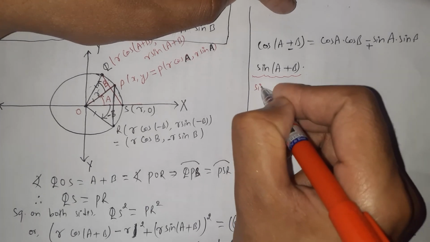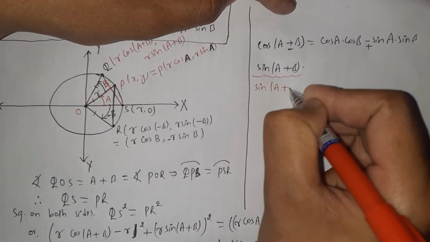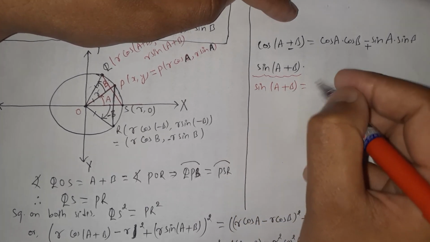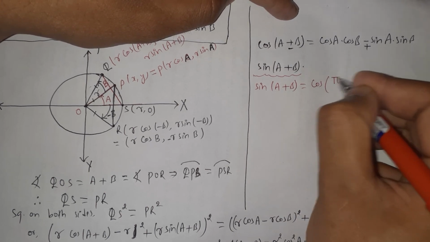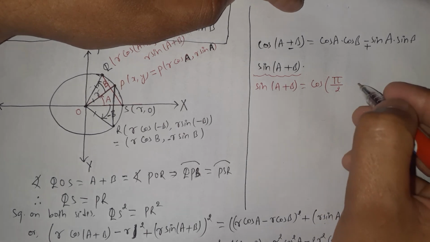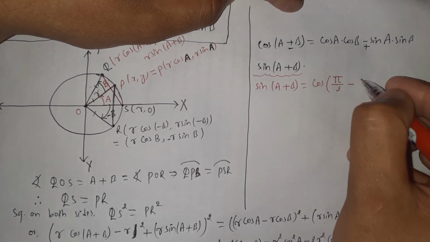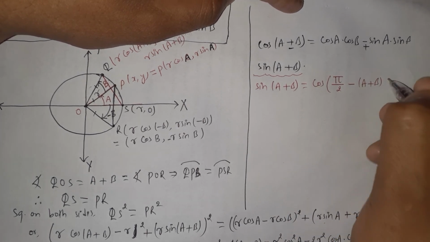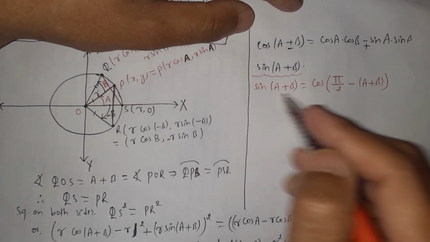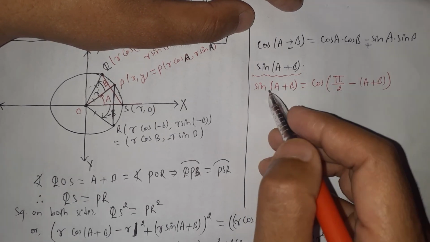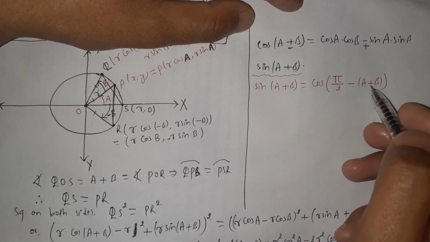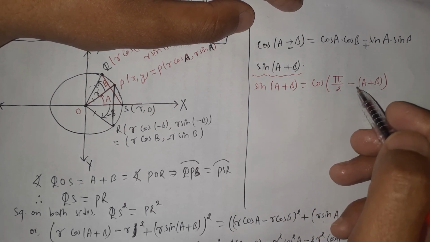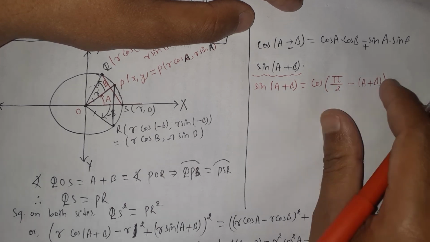The formula of sin A plus B can be written in terms of the cosine function, cos of pi over 2, or 90 degrees, minus the same angle, minus A plus B. This is the relation between the sine and cosine. The sine function can be written as cosine of 90 degrees minus the angle. They are the complementary angles, so we can subtract it.